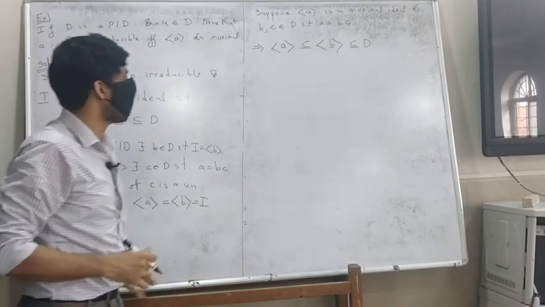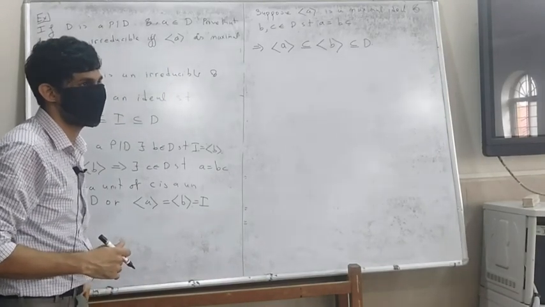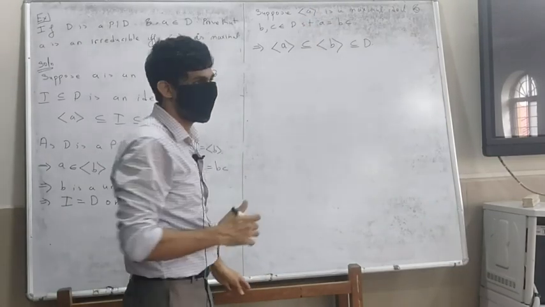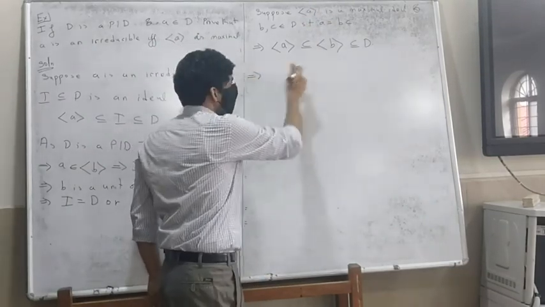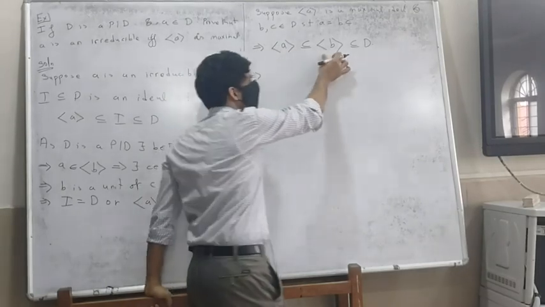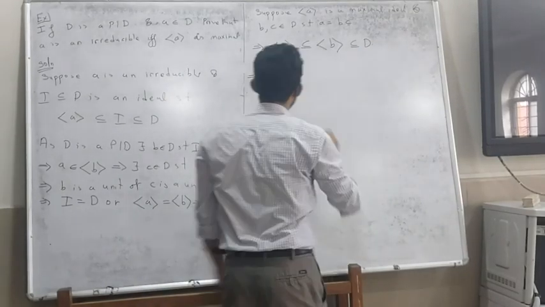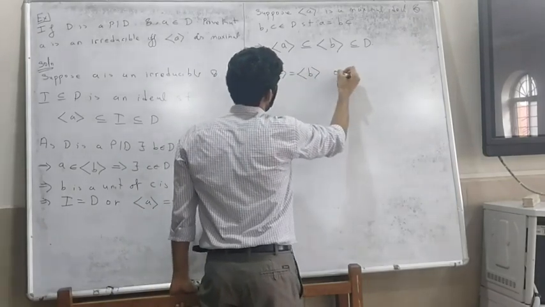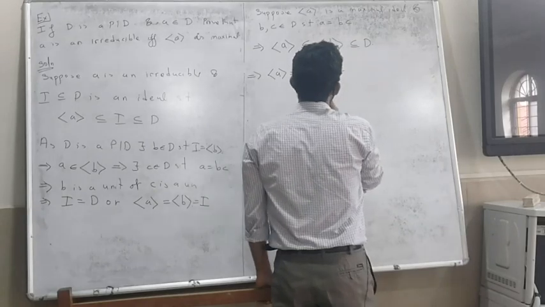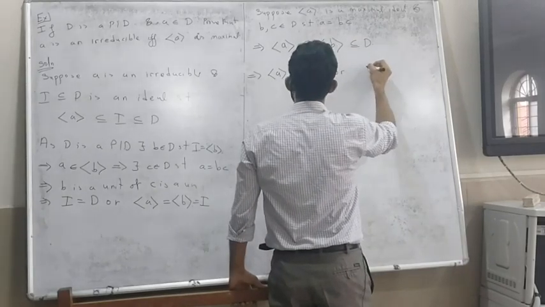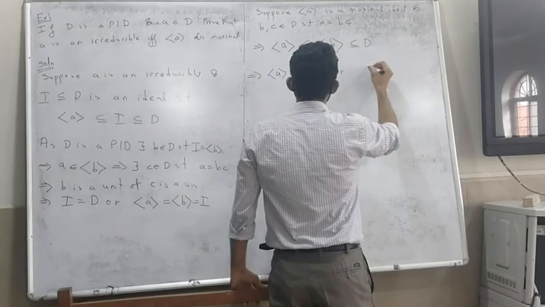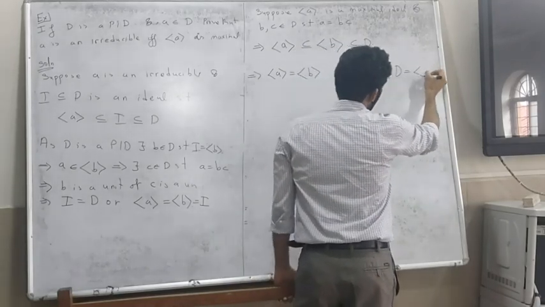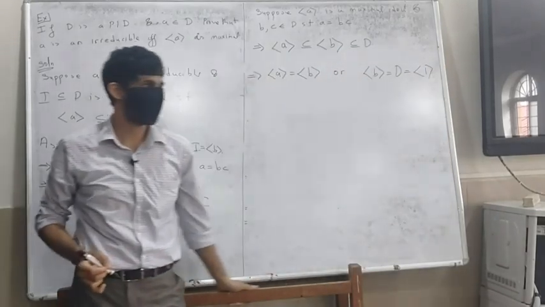So what happens? A is maximal, what does this mean? Either this has to be the ideal generated by A, or this has to be the entire D, which is essentially the ideal generated by 1.